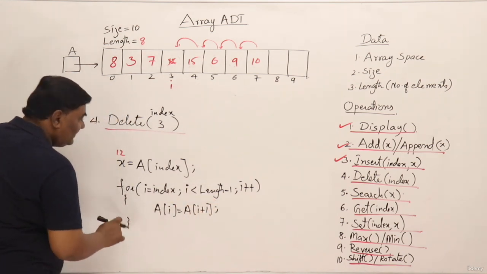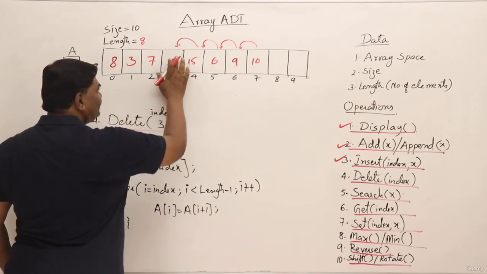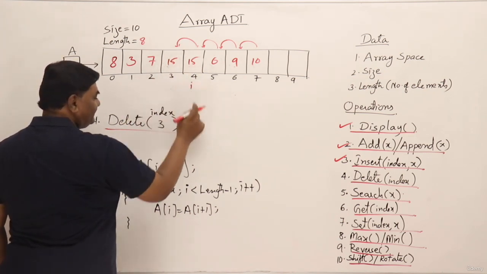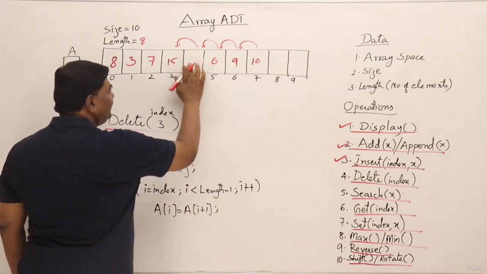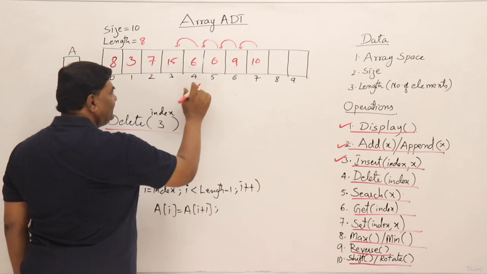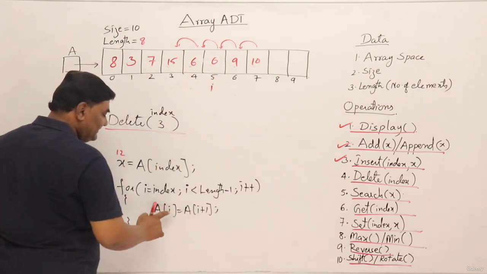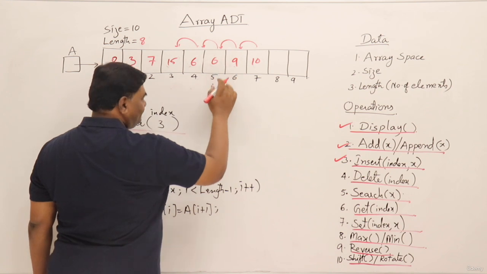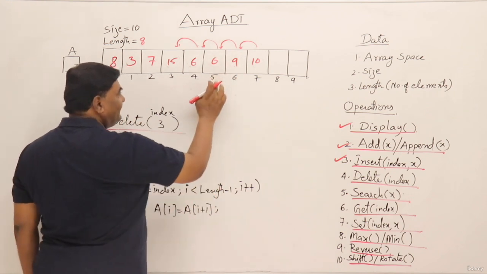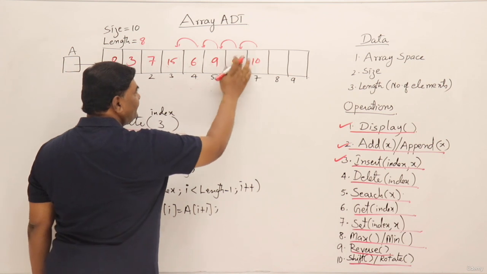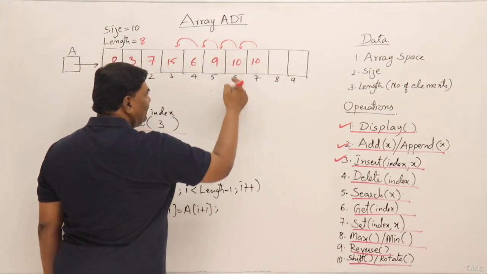That's the loop. Now with this loop, i here at index 3 will copy 15, then i plus plus, then being here, it will copy 6, that is i plus 1 is copied here, then i plus plus. Now i is here, so it will copy the element from the next index. It is at index 5, so it will copy 9, then i plus plus, it should copy 10. Then after that, i should stop.